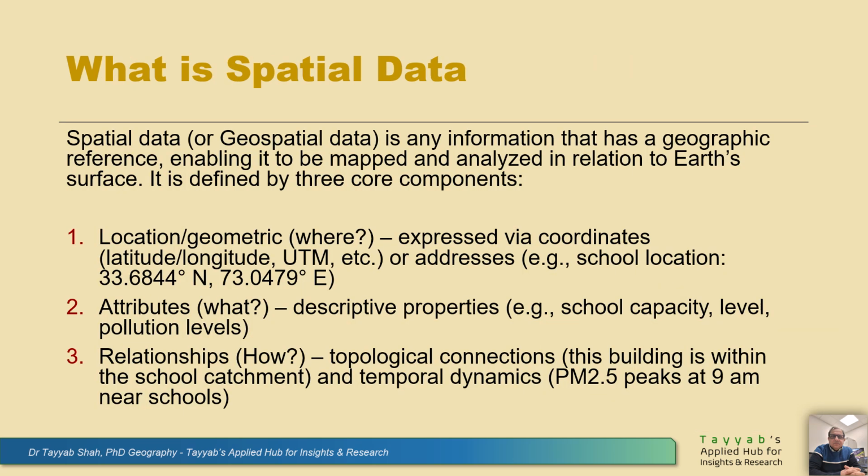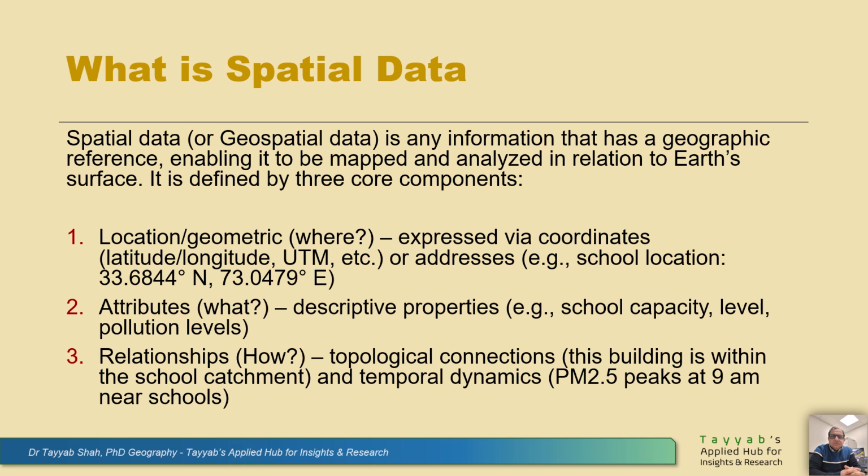Geospatial data is any information that has a geographical reference, enabling it to be mapped and analyzed in relation to Earth's surface. There are three components to keep in mind. First is location or geometry, expressed as coordinates, such as latitude and longitude, or other ways to explain location, like addresses or other coordinate systems.